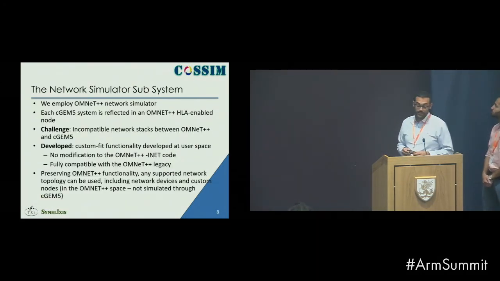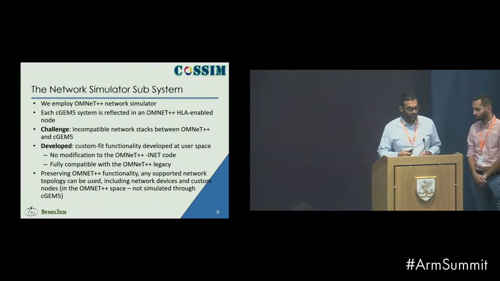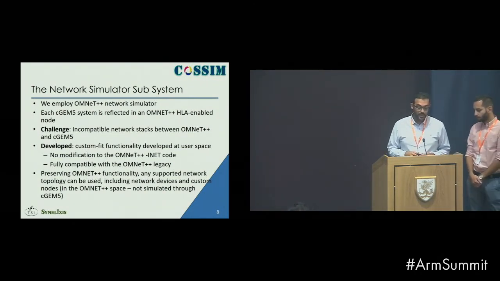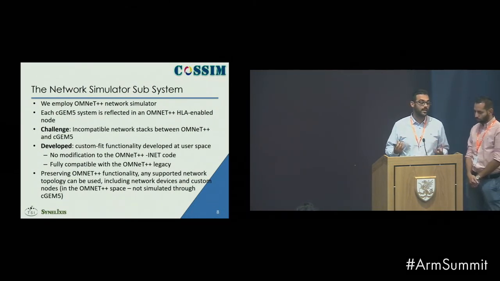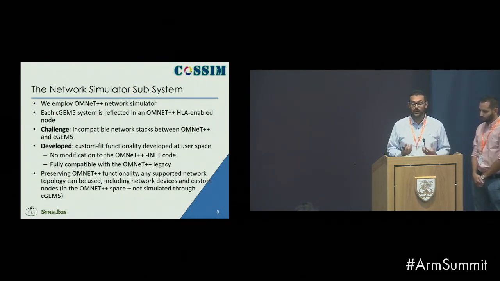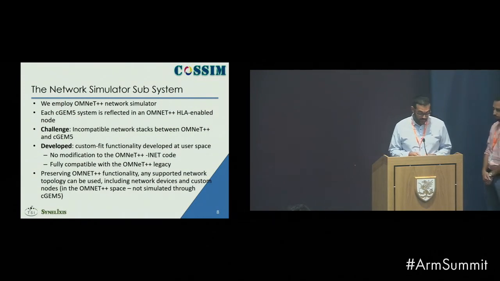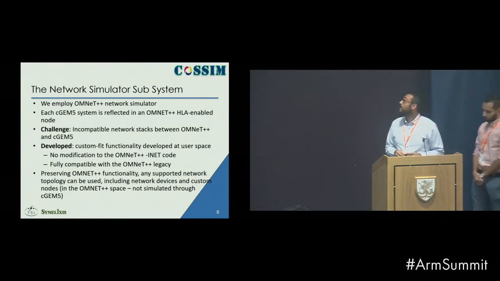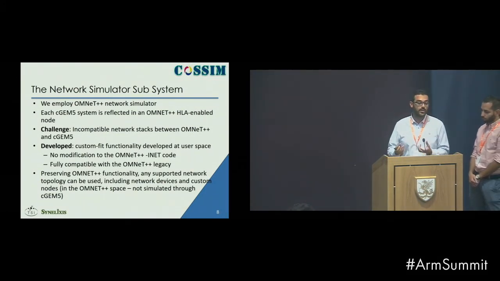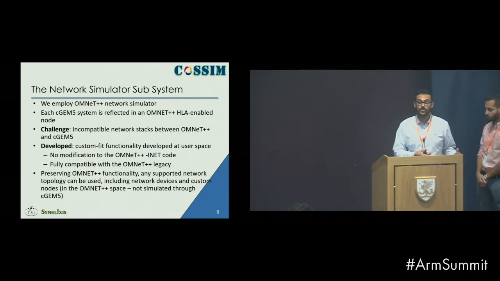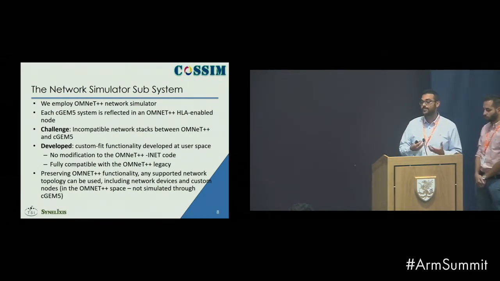On the network part, we use the Omnet++ network simulator, and it integrates some HLA components so that it can be connected with the GEM5 system. The challenge is that the network stack of the GEM5 system is the full Linux network stack, but the network simulator uses a more simplistic network stack.